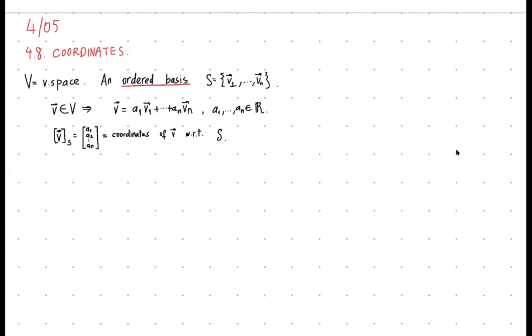So let me give you an example. For example, let V be R2 and let the set S be, let's take, (1, 0) and (1, 1). We can show that this is a basis. You can easily see that this is a basis, and let's take this as an ordered basis.